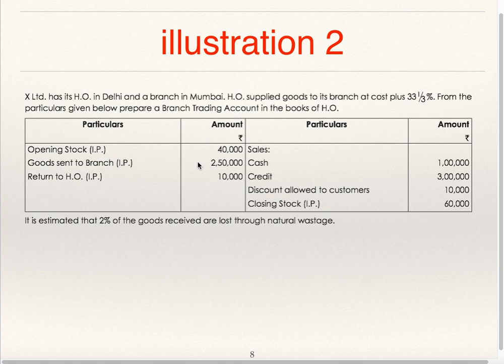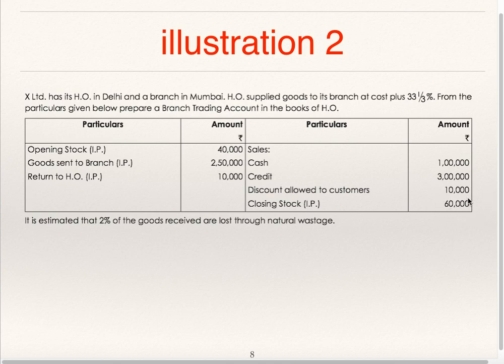Goods sent to branch minus return to head office, net figure, will be at invoice price. Remove loading, it is to be recorded at cost. Cash sales and credit sales. Discount allowed to customers is to be debited to profit and loss account, but you have been asked to prepare only trading account. This goes to profit and loss account.